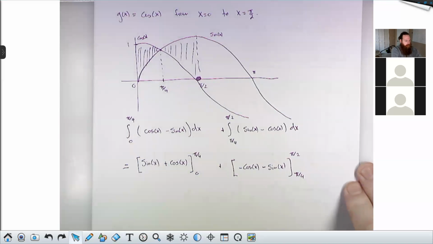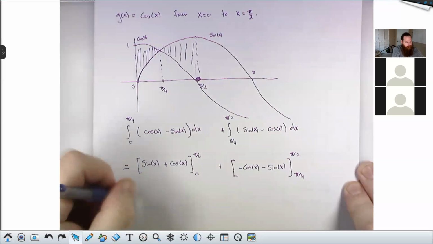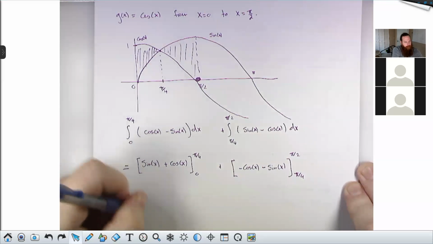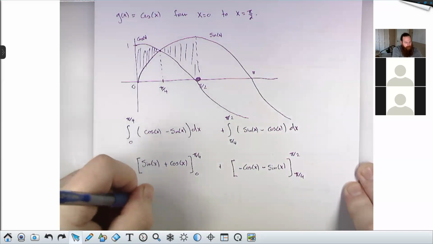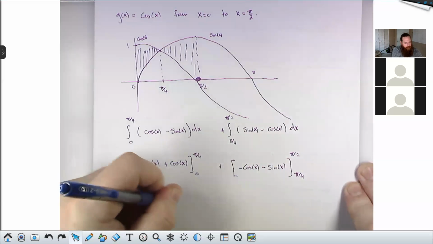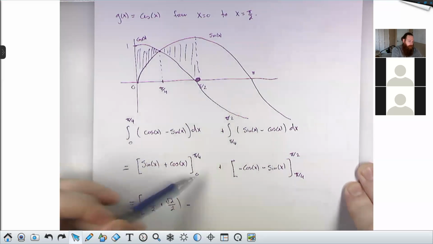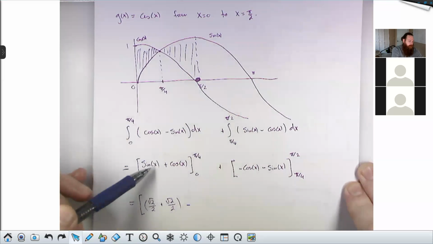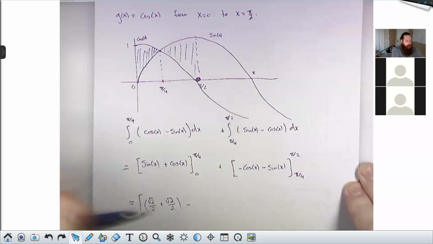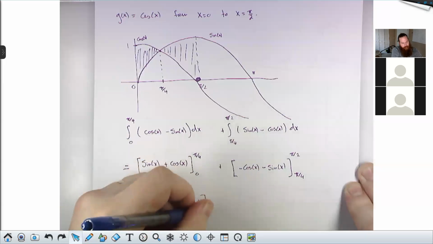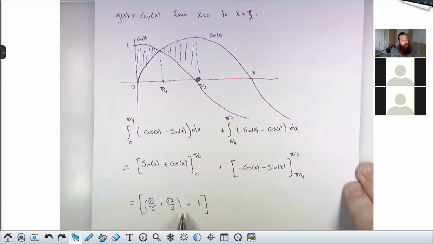So now for the evaluation step, if I plug in pi over 4, the sine of pi over 4 and the cos of pi over 4 are equal to each other. They're both root 2 over 2. So at the upper limit, I get root 2 over 2 plus root 2 over 2. And then I have to subtract what I get when I plug in my lower limit. When I plug in 0, sine of 0 is 0, cos of 0 is 1. So that's this first piece evaluated.